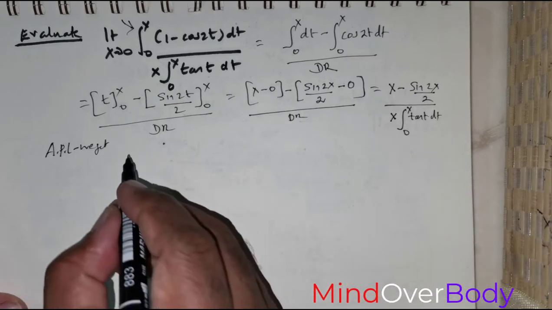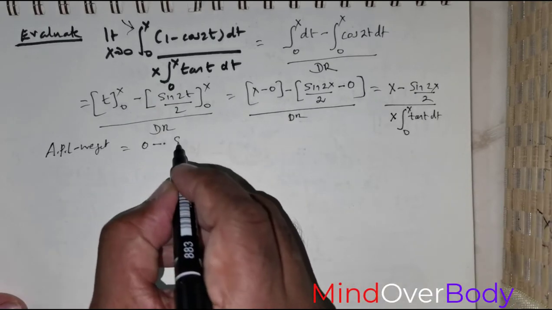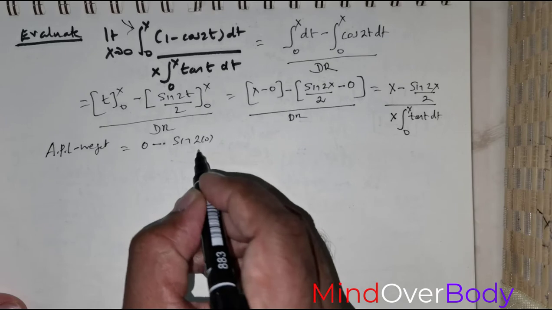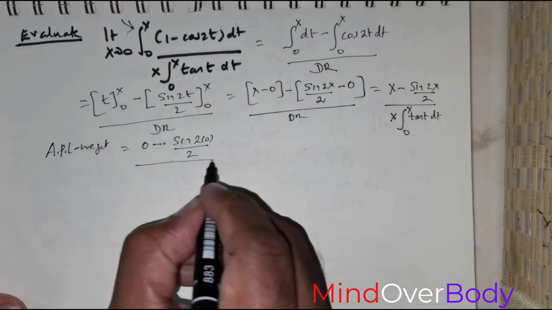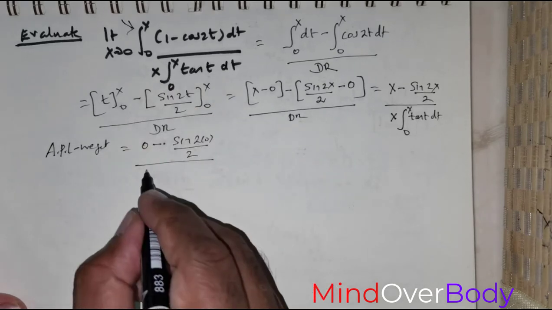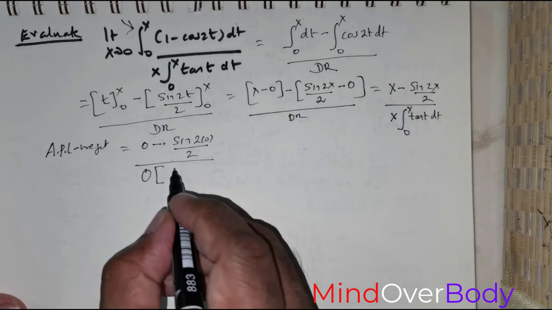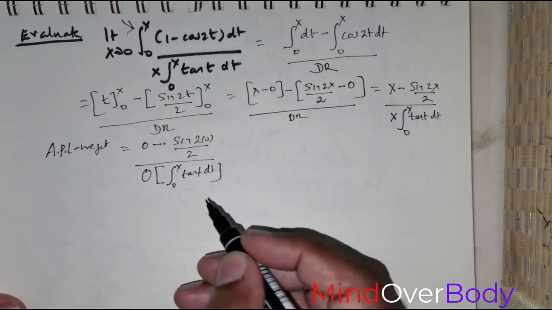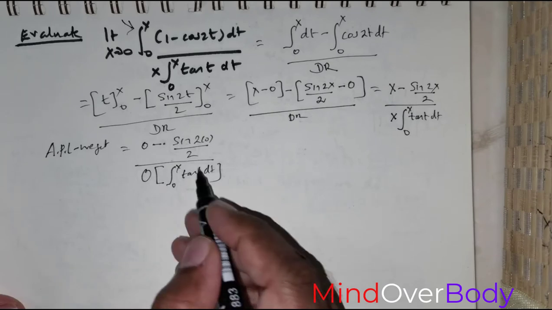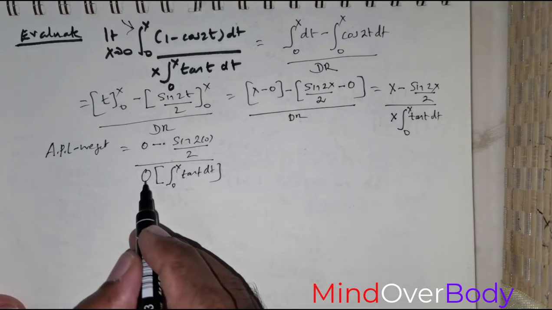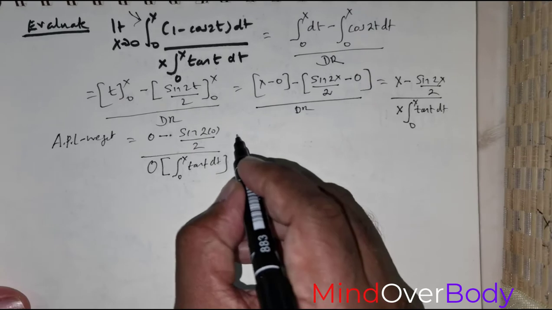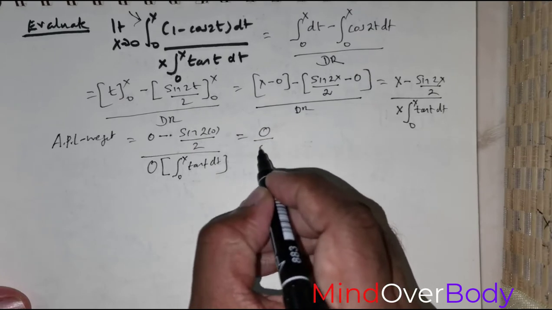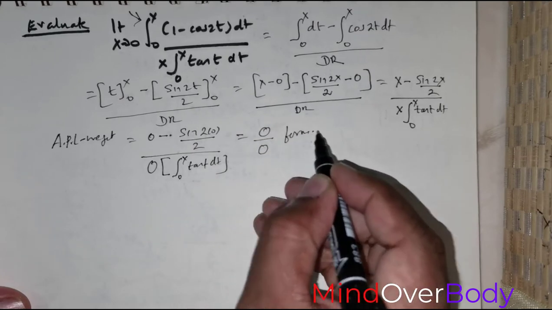So if I were to apply the limits, this is going to be 0, negative sin 2 of 0 divided by 2, divided by 0 times integral 0 to x tan t dt. So this is not going to be of much importance to us because we got 0 here. So clearly the numerator is going to be 0, the denominator is 0, so 0 divided by 0 form.